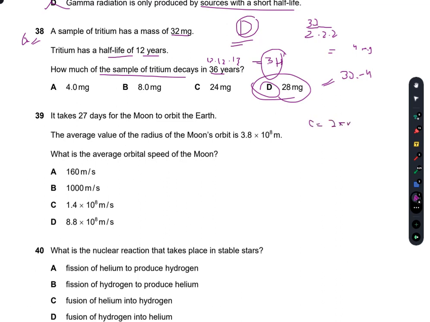R is 3.8 into 10 to power 8. If you multiply 2 into pi, which is 3.14, into 3.8 into 10 to power 8, so the total distance traveled by the moon, no, sorry, the circumference of the track would be 2.4 into 10 to power 9 meters. Now what is the formula for average orbital speed?